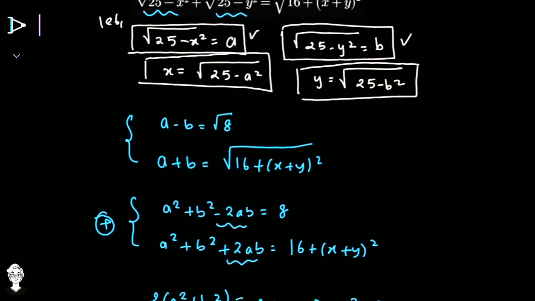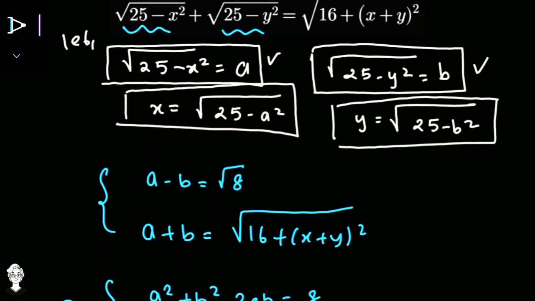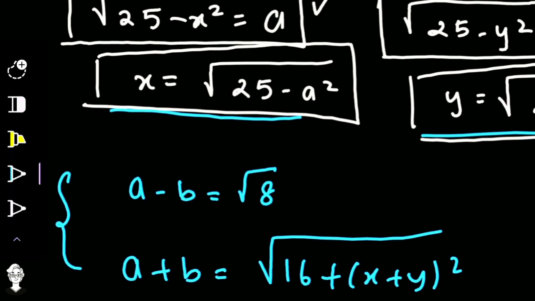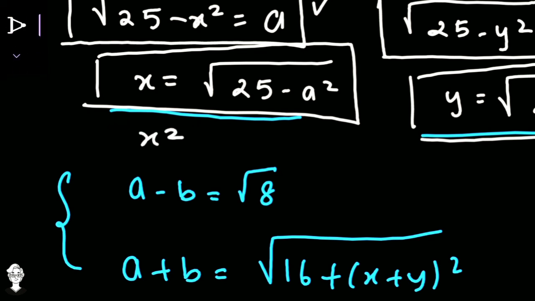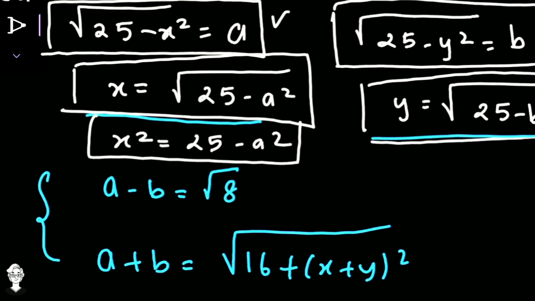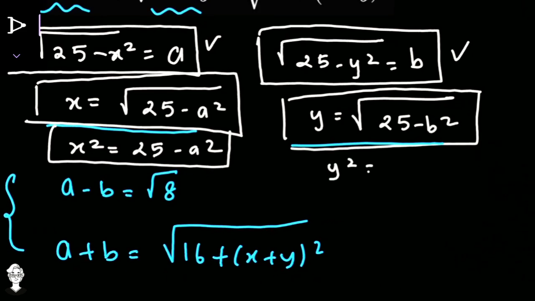Now remember the values of single x and single y. From here we can also have x square is 25 minus a square, and y square is 25 minus b square.